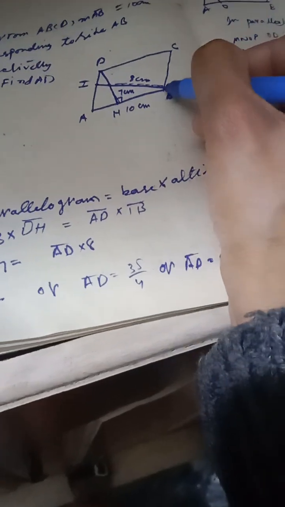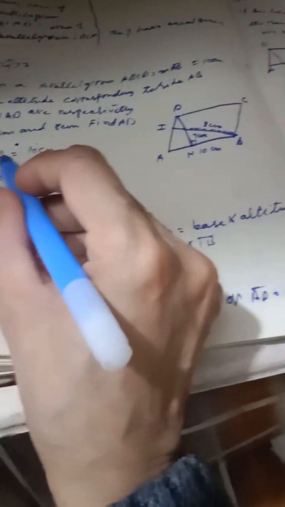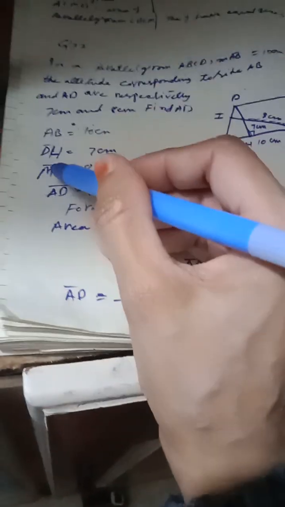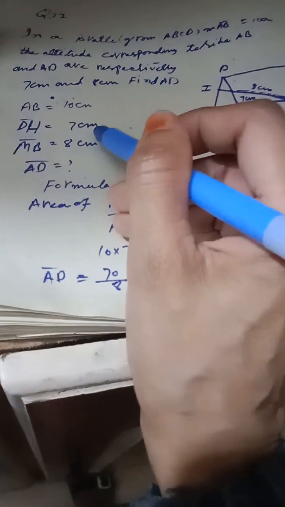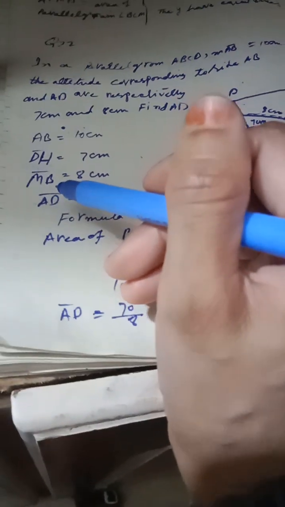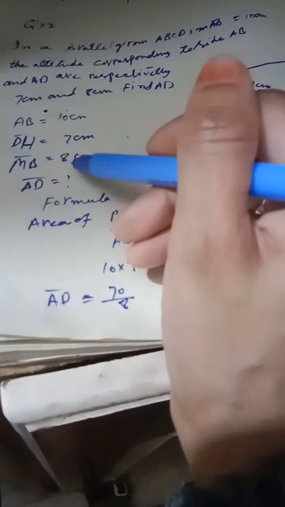The altitudes are from vertices B and D, as H and I. So AB is equal to 10 cm and DH is equal to 7 cm. Given BI is equal to 8 cm.